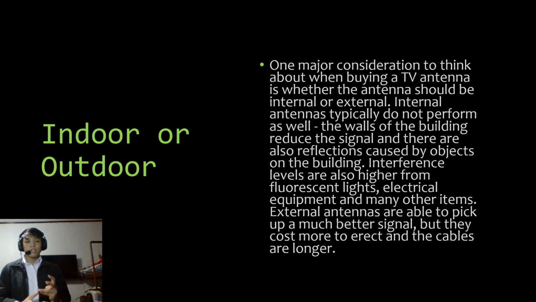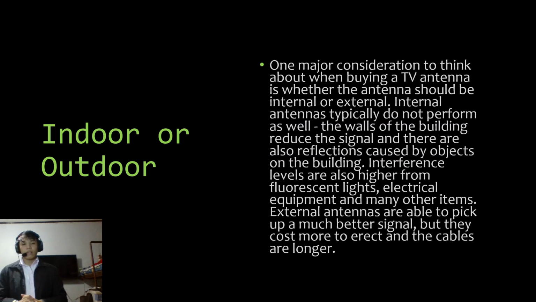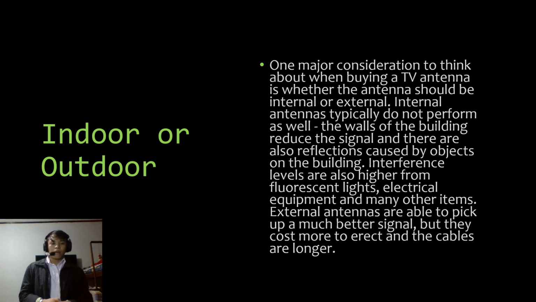It reduces the signal, and there are also reflections caused by objects in the building. So interference levels are also higher from fluorescent lights, electrical equipment, and many other items. So external antennas are able to pick up a much better signal, but they cost more to erect. The cables are longer.